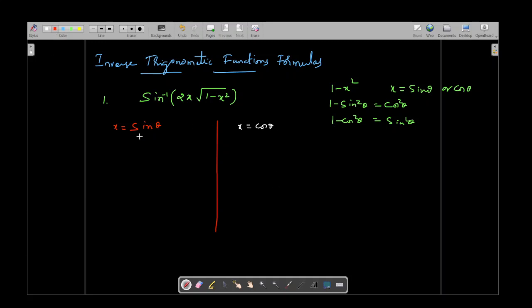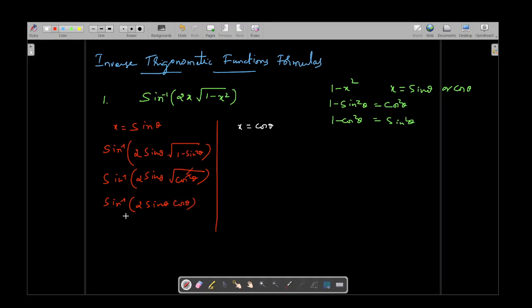If I put x is equal to sine theta, what I get is sine inverse of 2 sine theta into square root of 1 minus sine square theta. 1 minus sine square theta is cos square theta, and square and square root will go, so I'll get cos theta. So you get sine inverse of 2 sine theta cos theta, which is sine 2 theta, we know. So this is equal to 2 theta.